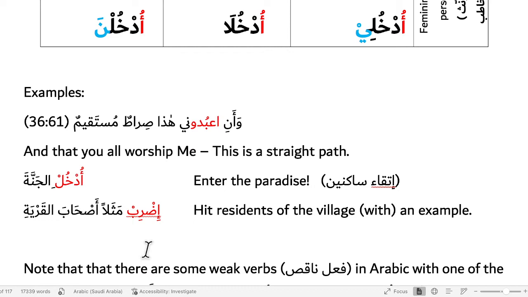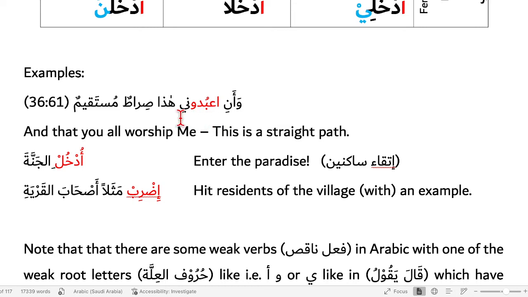So there are some examples of command verbs in Surah Yasin. Wa an i'buduni is actually ubudu, worship: and that you all worship me. Haza siratum mustaqim, this is a straight path. Another example is udkhulil jannata.